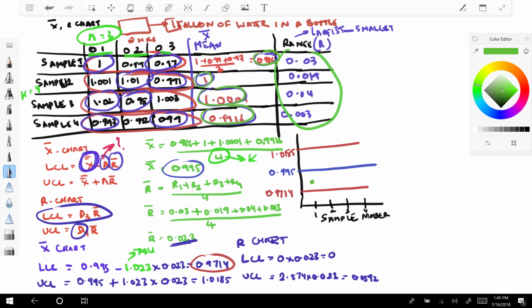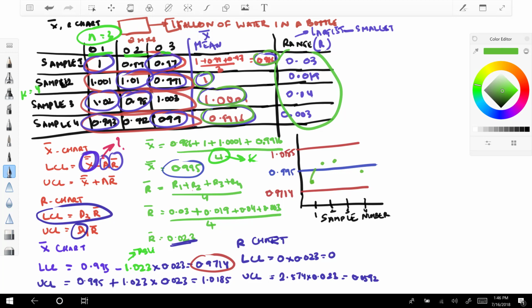And then the second one is 1, so 1 would be somewhere here. And then the next one is 1.001, so it will be on the higher side. And the fourth one is 0.9916, so that would be somewhere here.